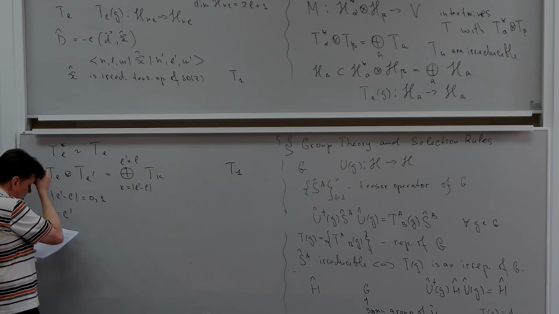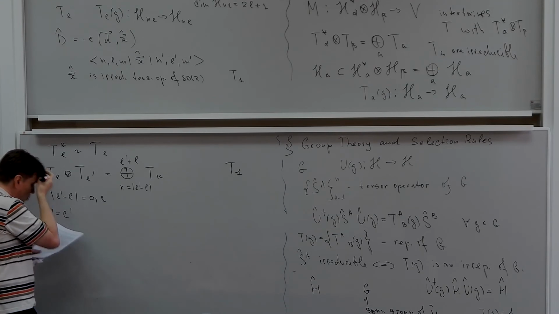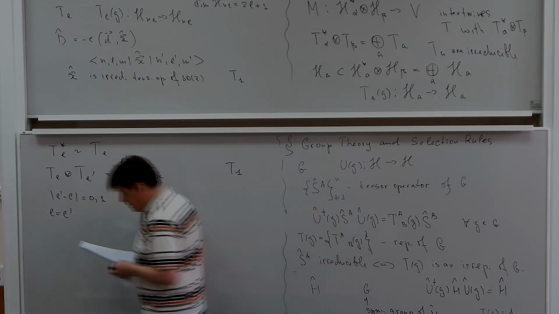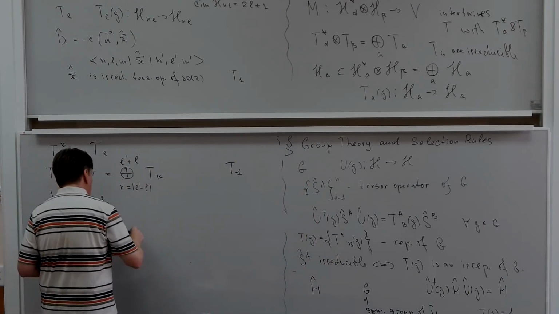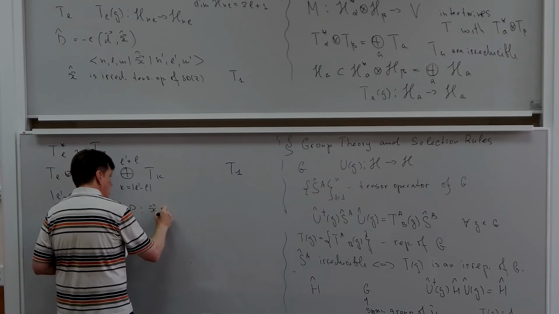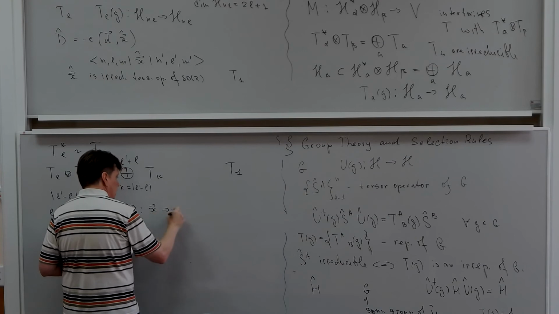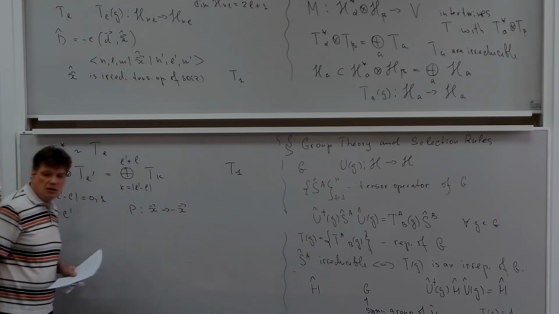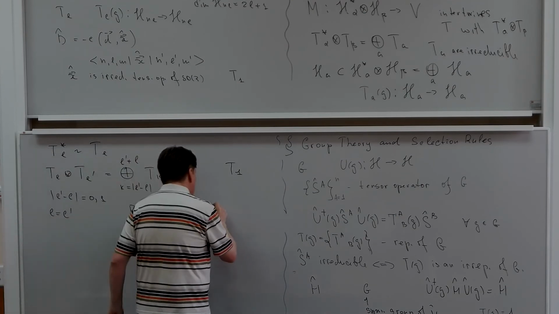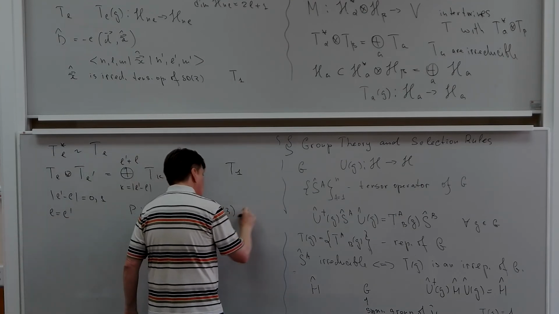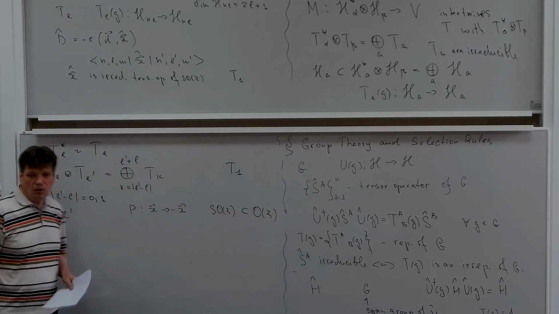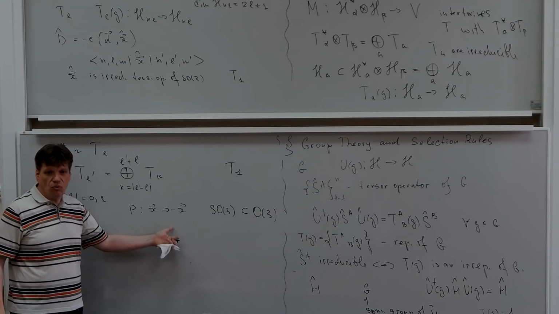The reason is that the symmetry group of the central potential, as we know, can be extended by the inversion, which acts in space by the rule x goes to minus x. So we can always extend the rotation group to a bigger group, the full orthogonal group O3, by including this inversion in space.